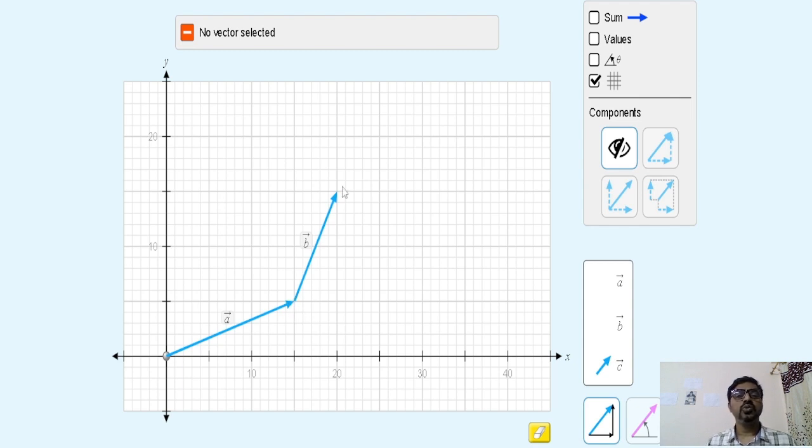You both want to go to a movie theater, located at x coordinate 20 and y coordinate 15. So 20 comma 15 is the coordinates of the movie theater.